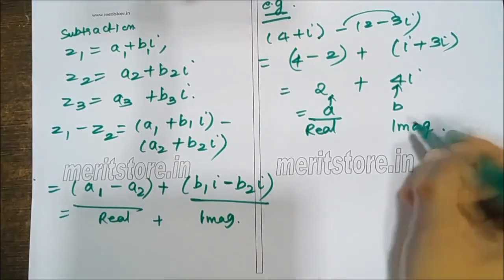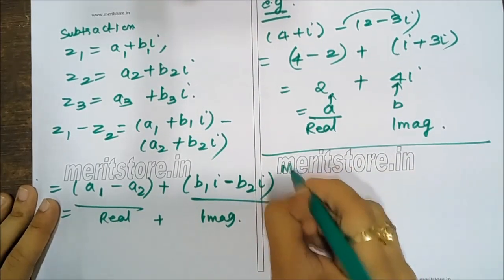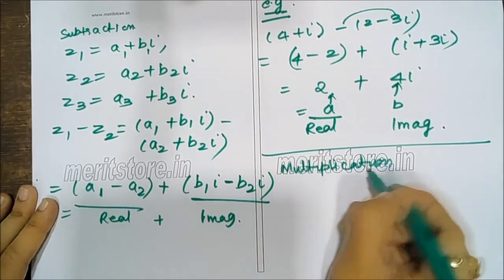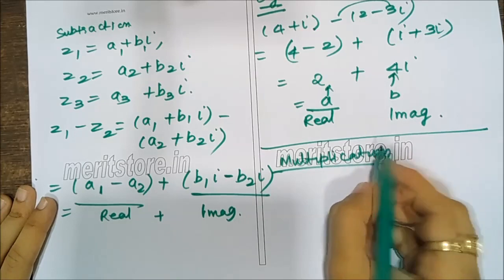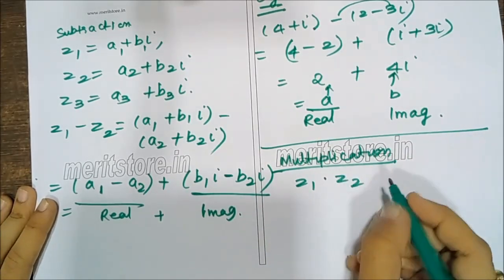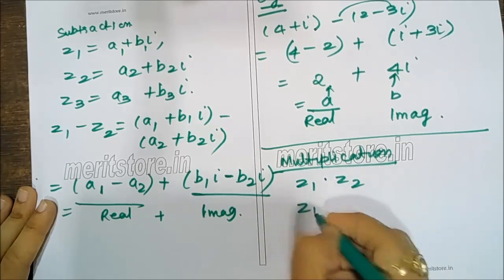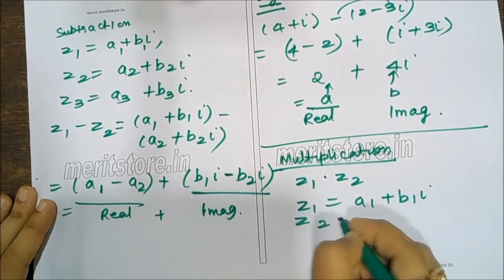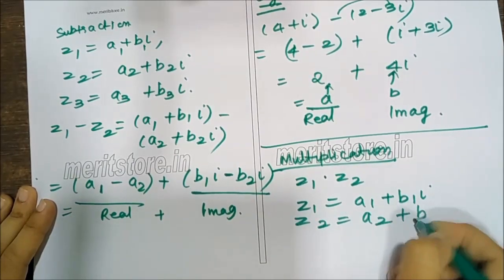After that we are moving with the properties for your multiplication. What will happen? Let's say I am defining Z1 and Z2, and Z1 is your a1 plus b1i, Z2 is a2 plus b2i.